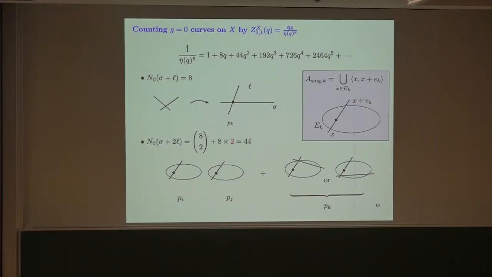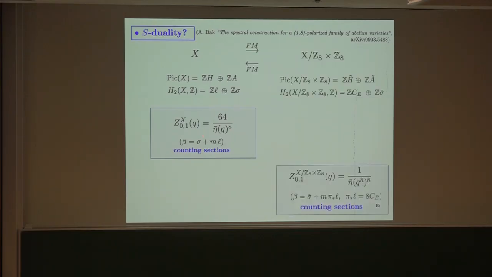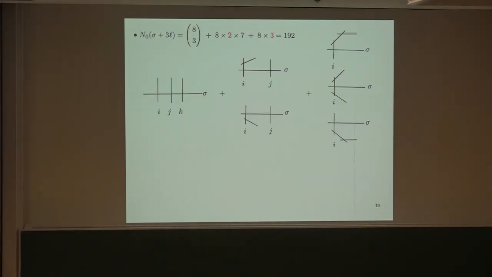As I said, the general abelian surface doesn't contain any rational curve. The only contribution comes from the singular fiber. So this is the geometry of the singular fiber. So the 8 comes, this gives us 8 to the power 8, which comes from the number of singular fibers.